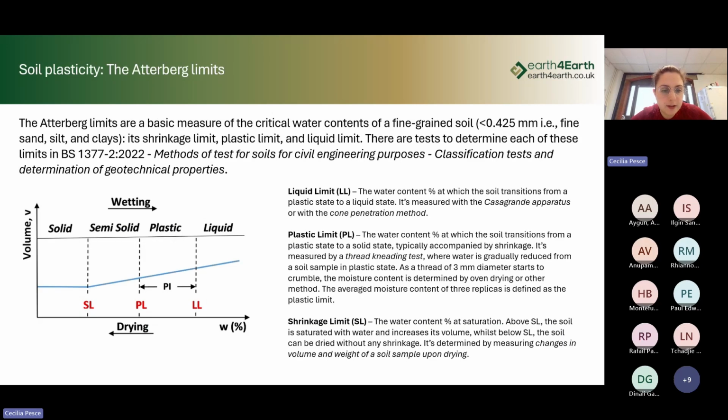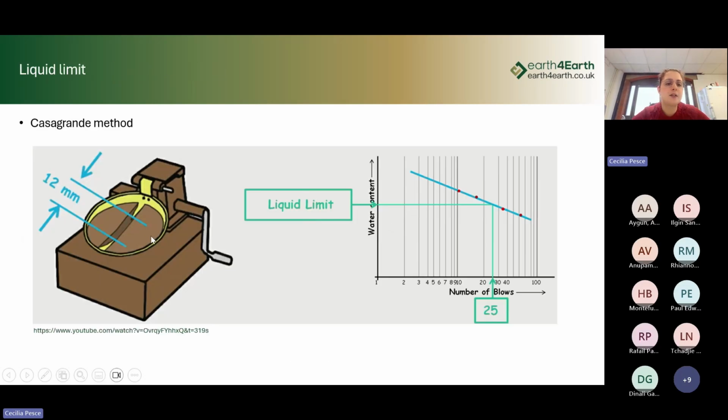To identify the liquid limit, we have two methods: the Casagrande apparatus and the cone penetration method. Basically, we take a soil with a certain amount of water in it, and with this machine, we apply blows to the sample of soil. The limit is reached when, at 25 blows, the soil combines here in the middle for 12 millimeters.